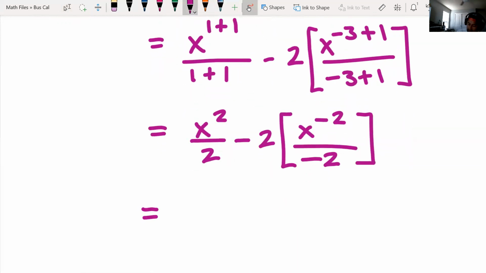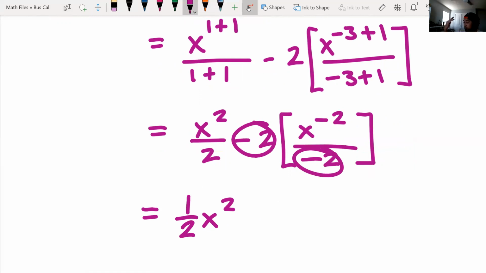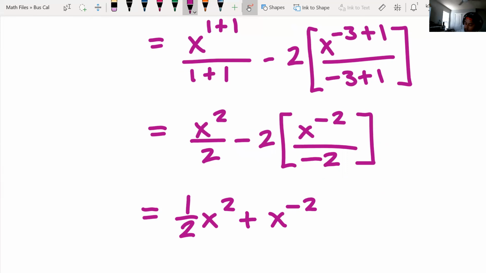And my final answer is 1/2 x squared. -2 over -2 will cancel to +1, and you'll get positive x to the -2 plus c.